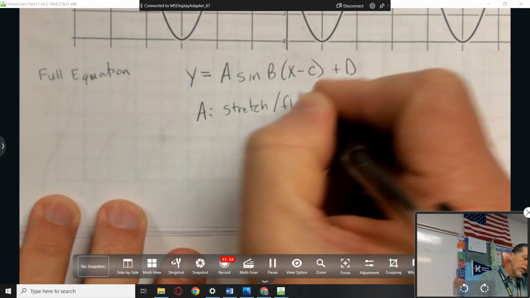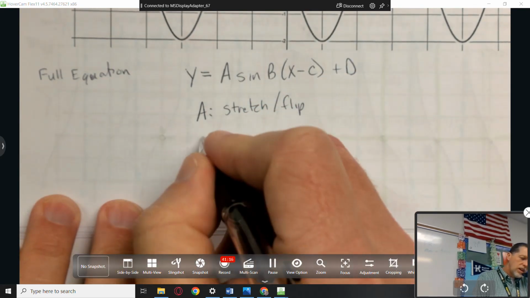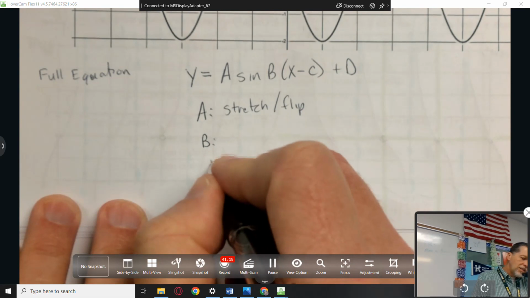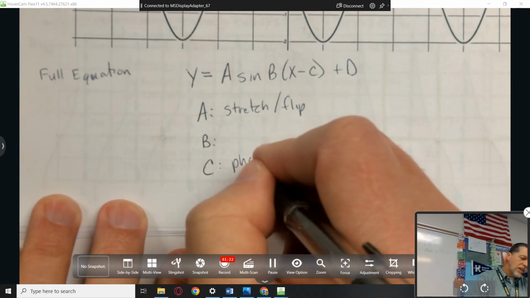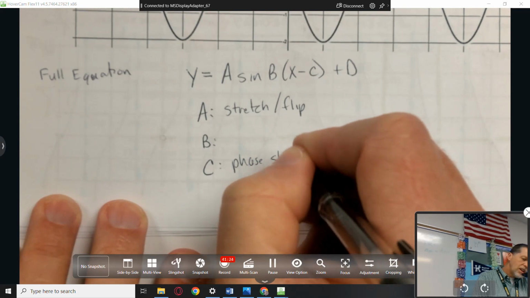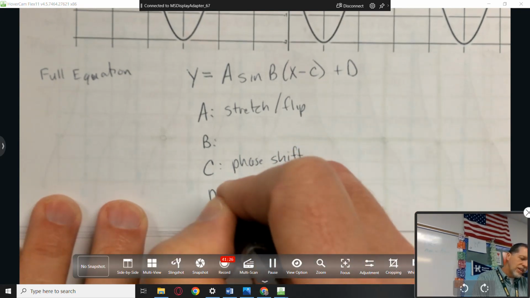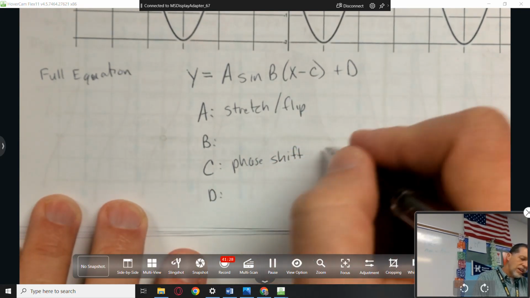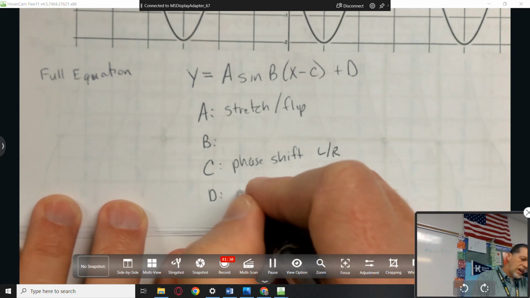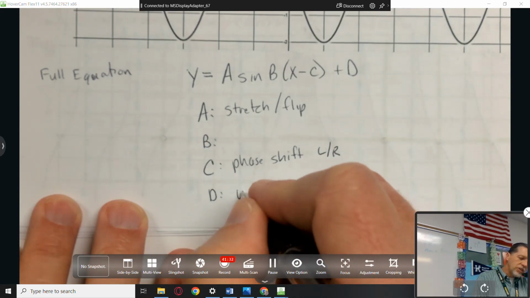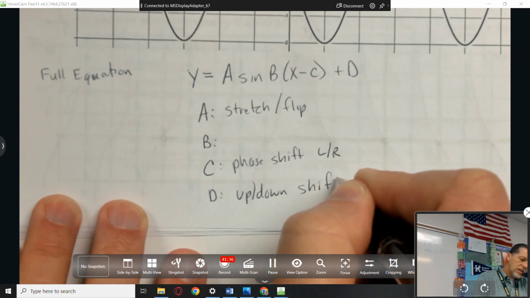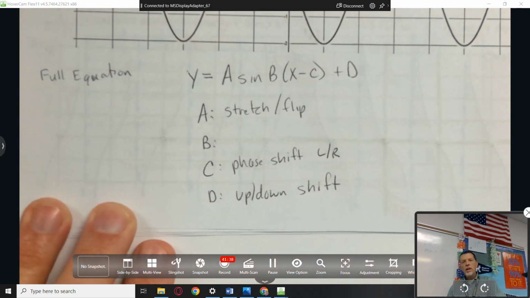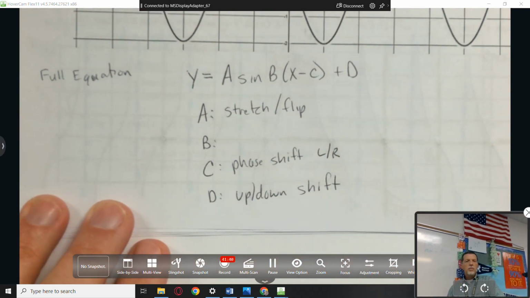Stretch and or flip. B we don't know yet. C is the phase shift or the left-right shift. And D is the vertical shift, or we'll just say up-down shift. B is a little bit tricky, so we're going to hold off on B until tomorrow.